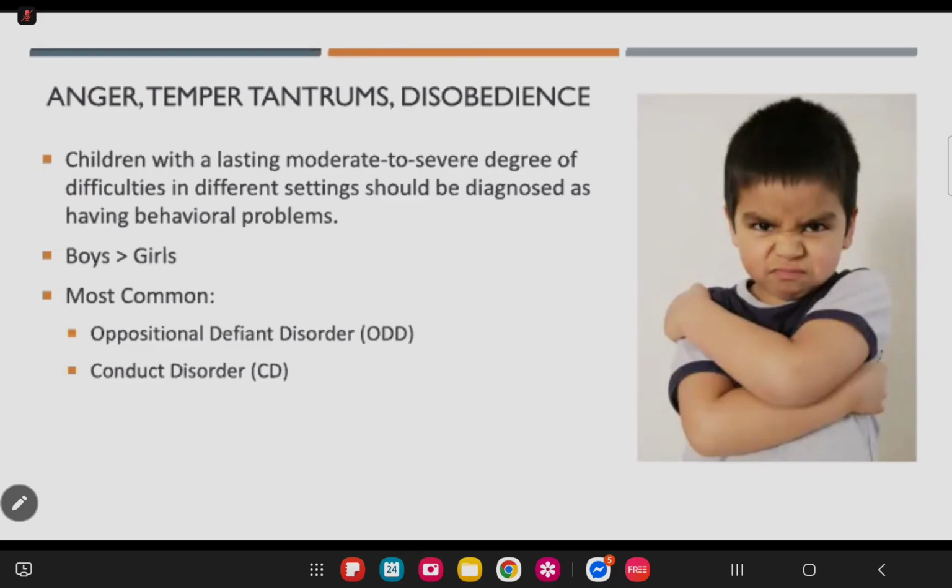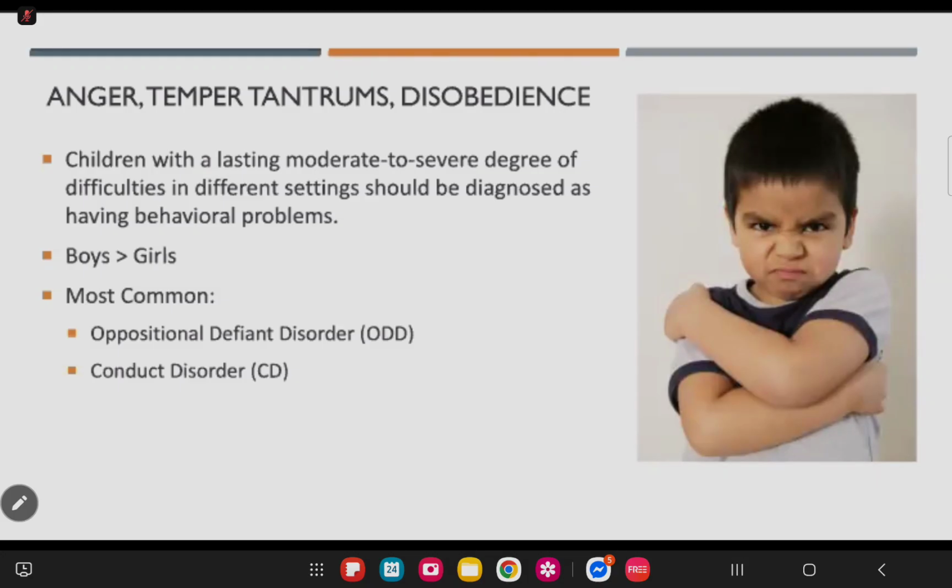Both these disorders may be similar and lie on a continuum, but the progression from ODD to CD increases with age. Children with ODD usually manifest this behavior at around 8 years.